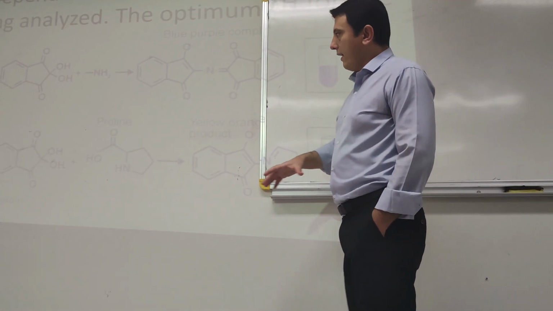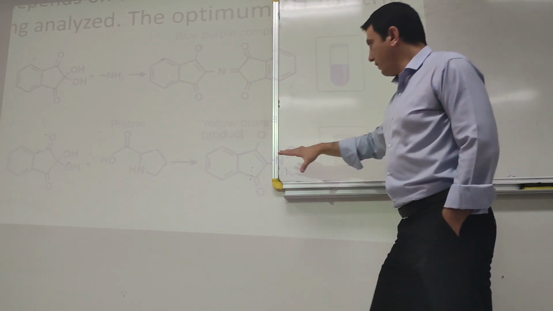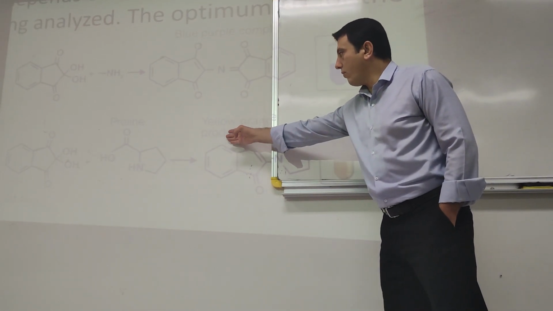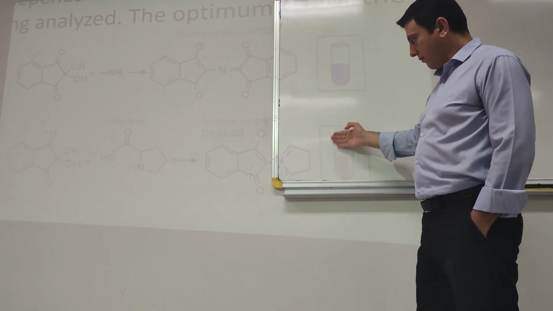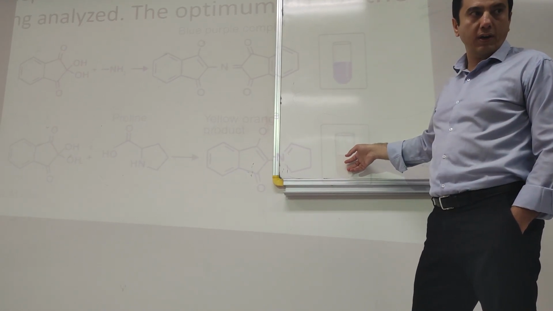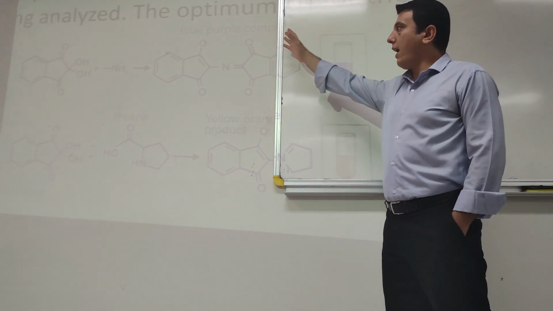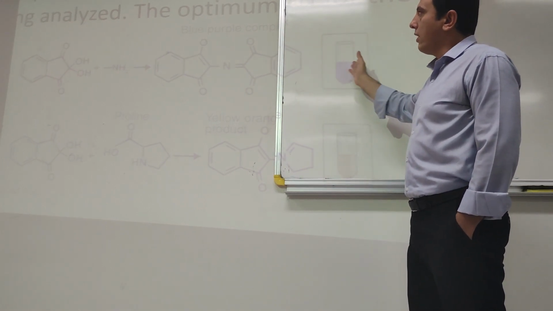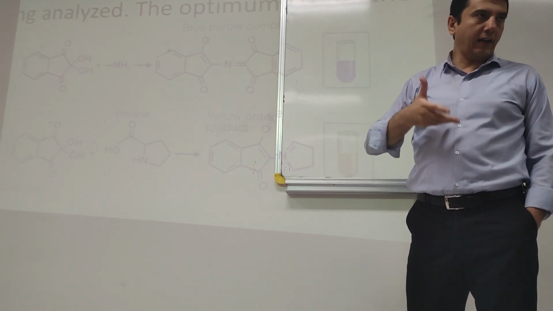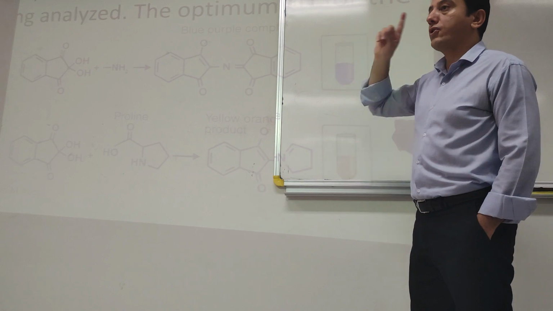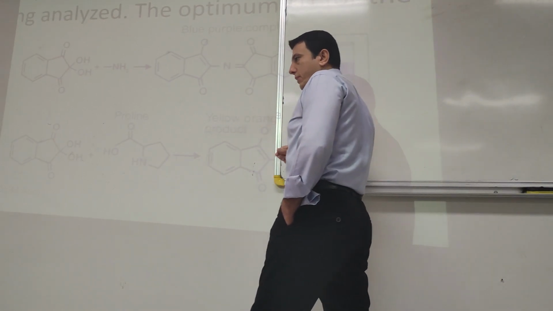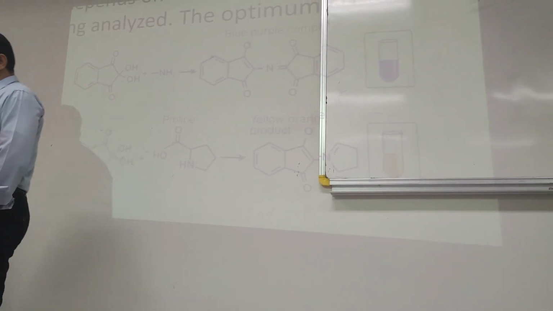Proline produces a yellow-orange product. However, other amino acids produce a purple-like color. Just for proline, they produce such a color.